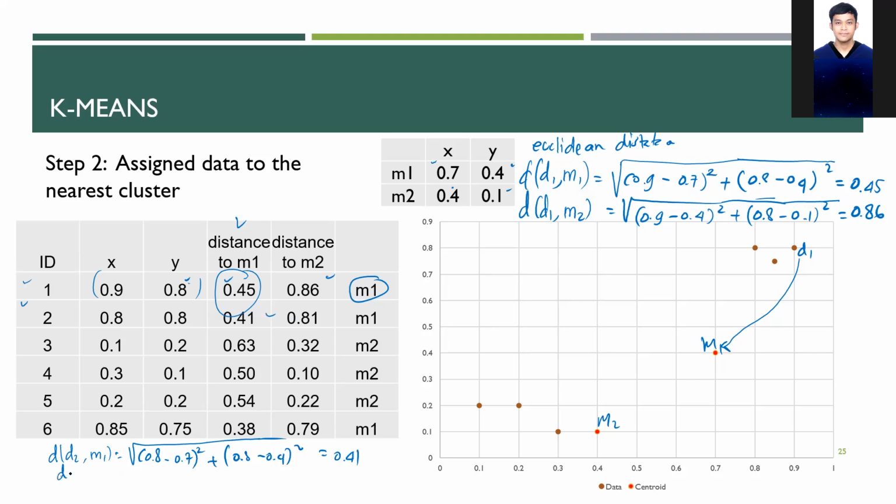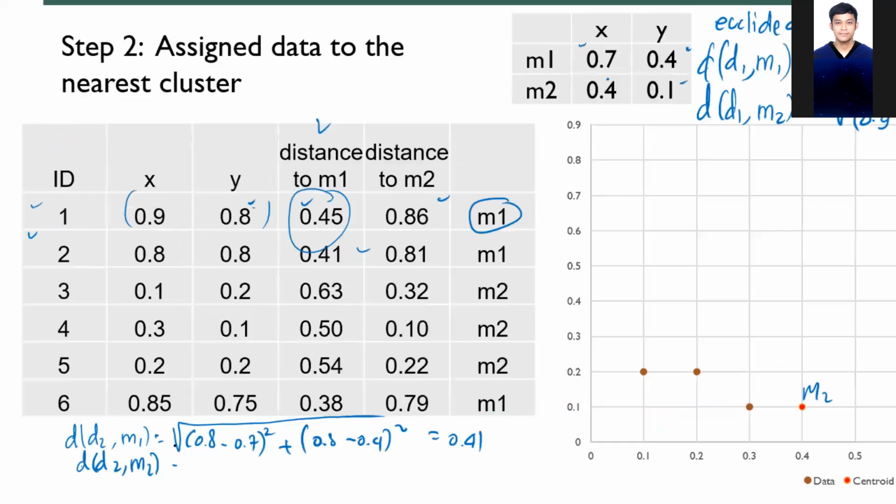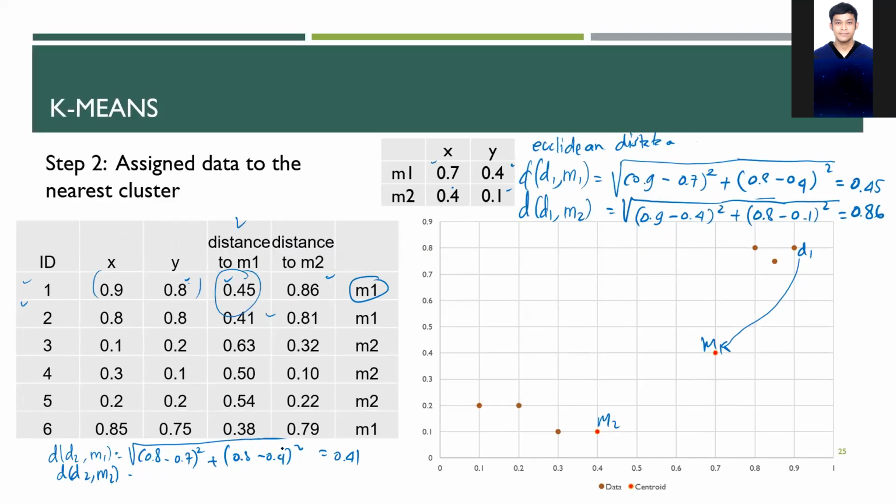And we also calculate the distance from data point 2 to centroid 2, using the Euclidean distance equation, and we get 0.81. So we choose the smallest one. Data point 2 will be assigned to cluster 1. This one, D2, is also cluster 1. We do this for the rest of the data.